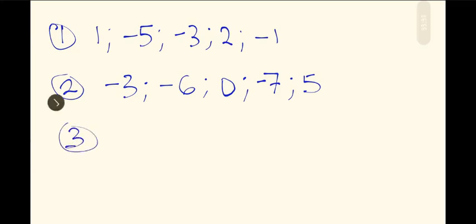Yes, the last question. We have 4, 6, -3, 5, 2, and -1.